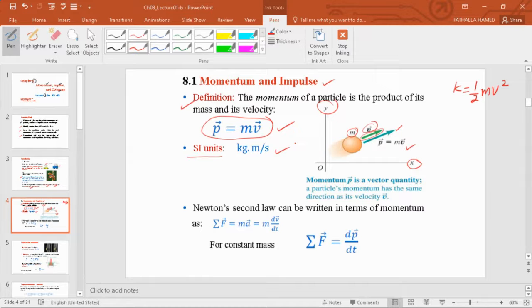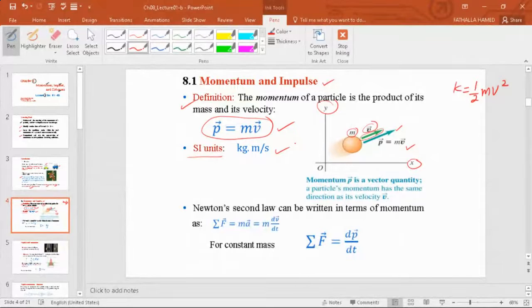Now remember, when we talked about force, we said it's ma, and the unit of mass was kilograms, the unit of a was meters per second squared. So it's kilogram meter per second squared, but we named that the newton to honor Newton. We did the same thing when we talked about work, kinetic energy, potential energy, or energy in general.